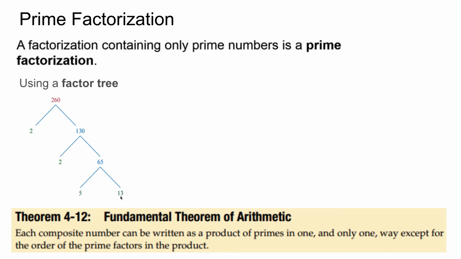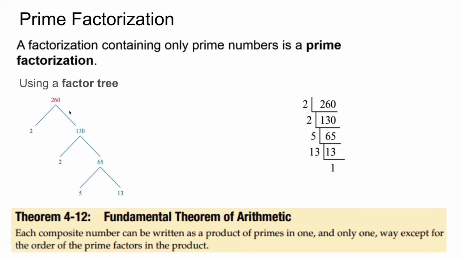So we cannot go any further with prime factorization because they are prime already. There is no other factor other than 1 itself, right? So we have factors of 2, 2, 5, 13. How do we write this? We can say 260 is equal to 2 times 2 times 5 times 13. Or we can simplify that as 2 squared times 5 times 13.